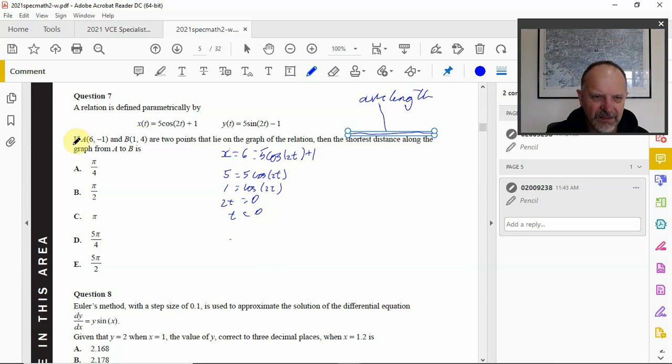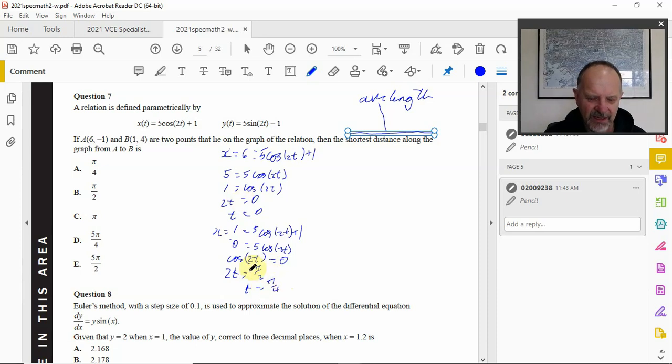That's for point A. For point B, when x is 1, 0 is 5 cos 2t, so cos 2t equals 0. That occurs when 2t is pi on 2, so t is pi on 4.